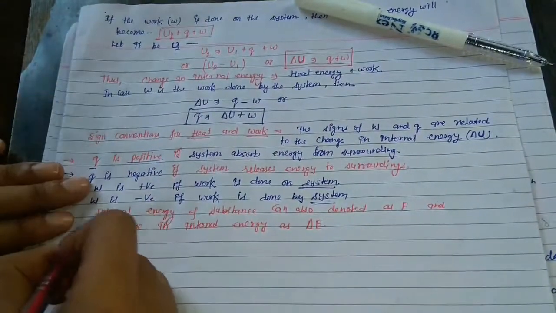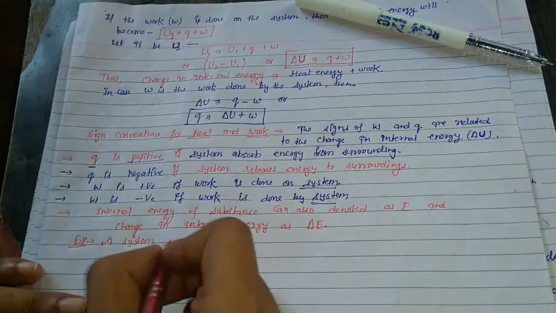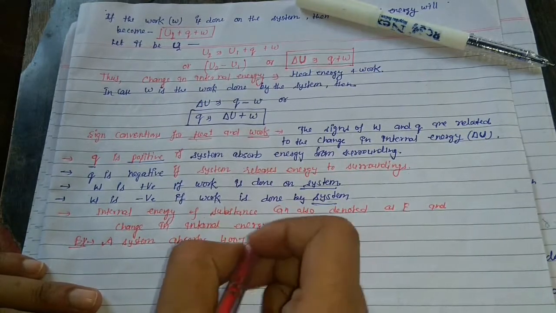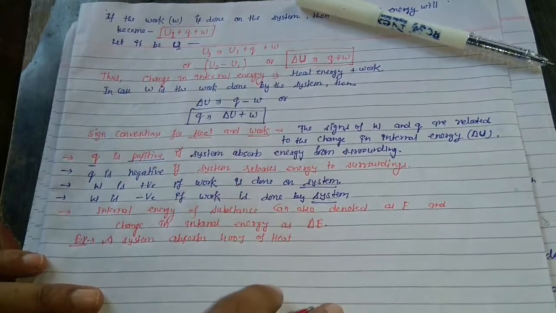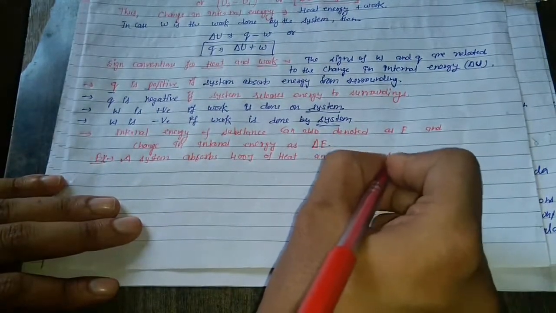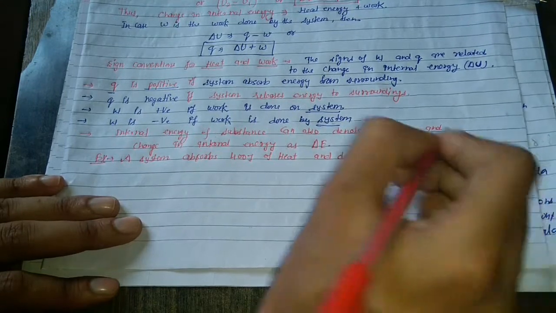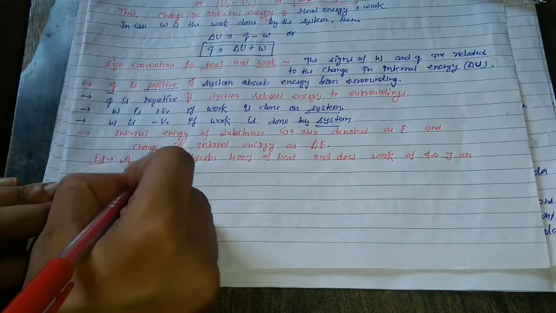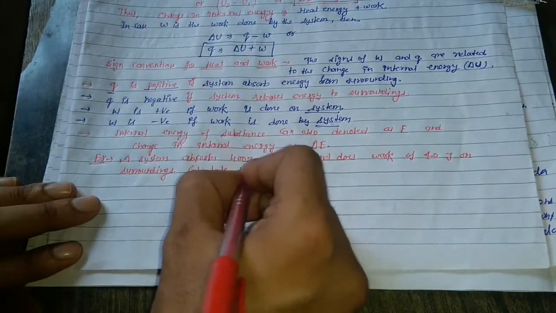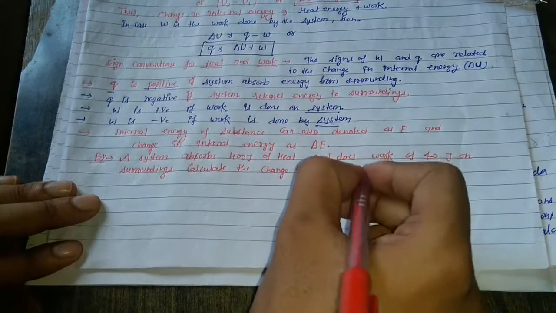As I am writing here an example: if a system absorbs 400 joule of heat and does work of 40 joule on surroundings, calculate the change in internal energy.